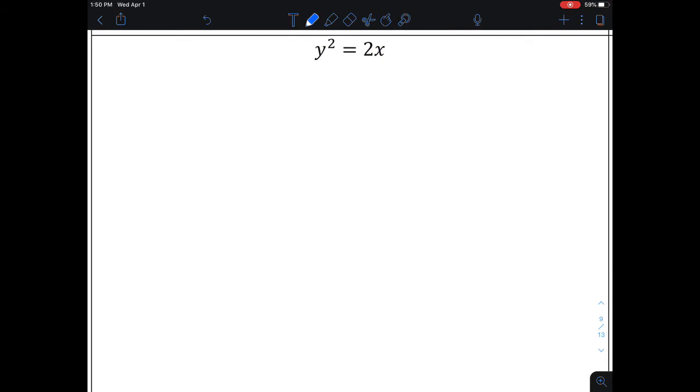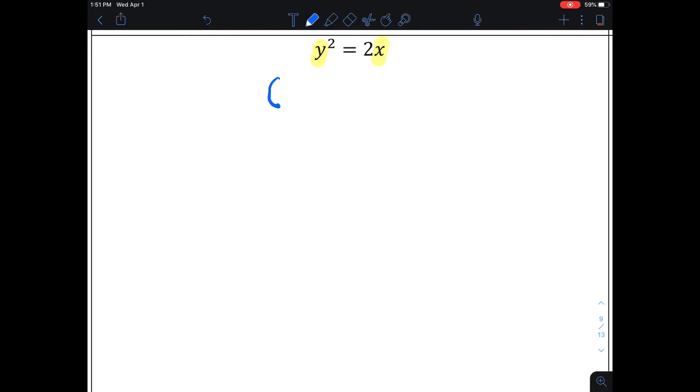Next one here, y squared equals 2x. And I look, and since I only have y squared, I don't have both y and x squared at the same time, it might be in our best interest to go right ahead and replace the y with r sine of theta and replace the x with r cosine of theta and go from there.